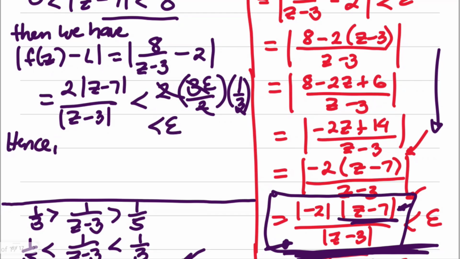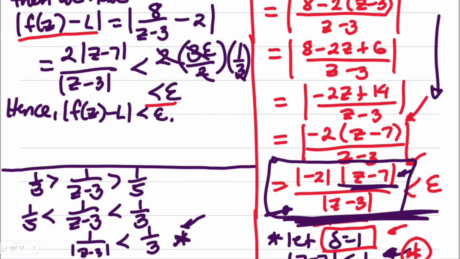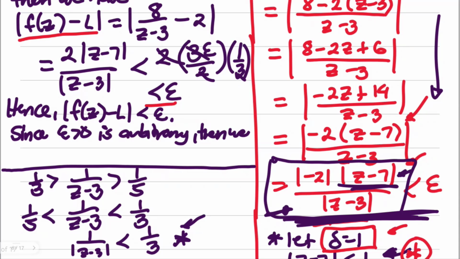Hence, cutting all of the middle portions, just taking this, the absolute value of f of z minus L is less than epsilon, the item we would like to show using the definition. And we have arrived at that. Just need to have our conclusion. Since epsilon greater than 0 is arbitrary, then we conclude that the limit is true.